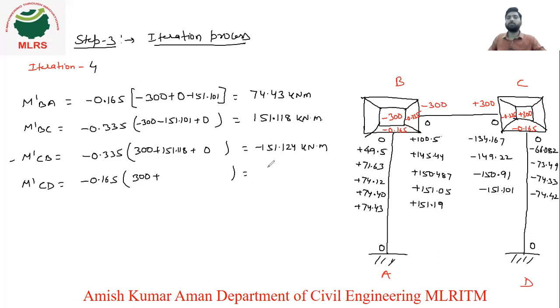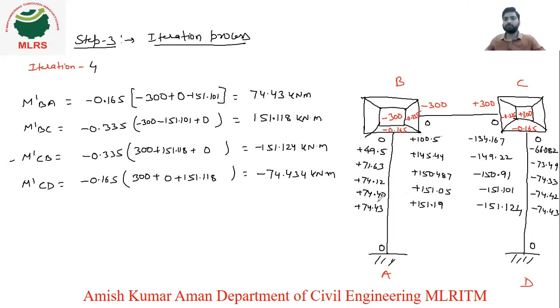Now you got what will be the near, what will be the far contribution value, right? So I am writing directly. Then again here 0 plus 151.118, it will be minus 74.434 kilonewton meter. So again you can write here minus 74.43.